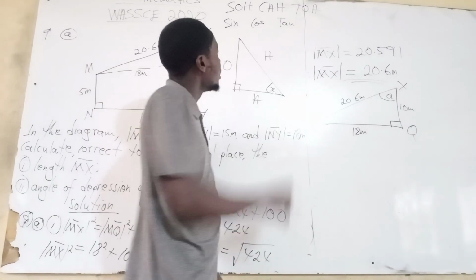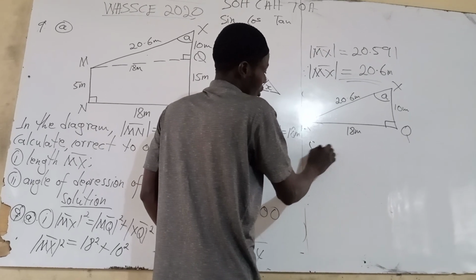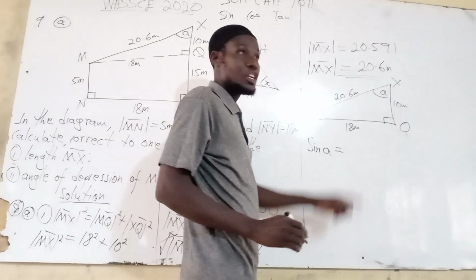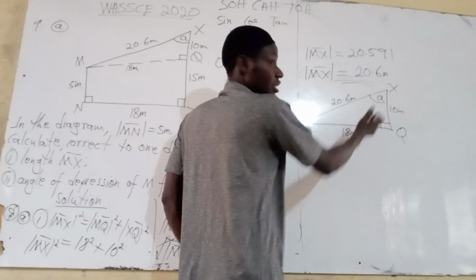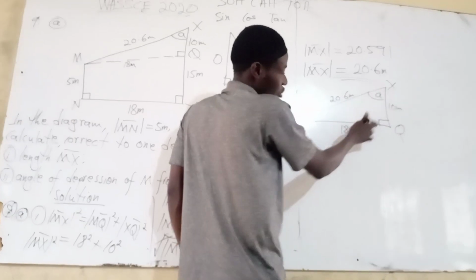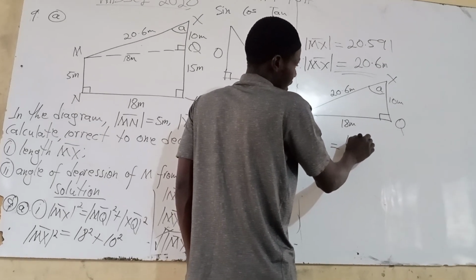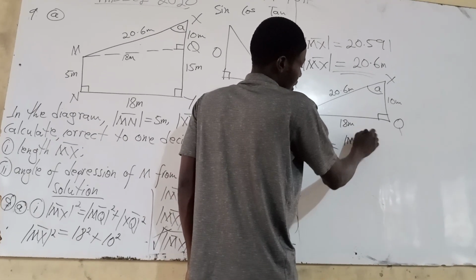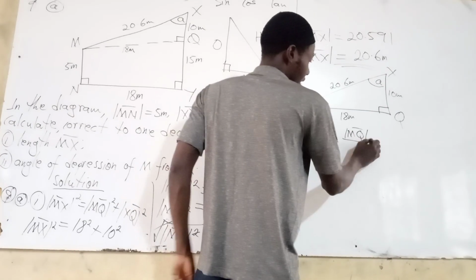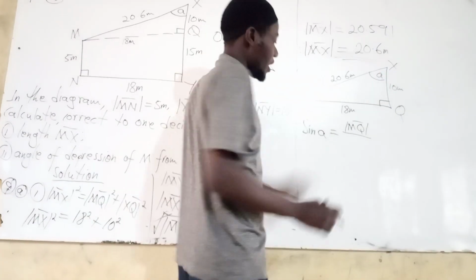So let's choose sine. The sine of the angle A is equal to the ratio of the opposite, which is line MQ, divided by the length of the hypotenuse, line MX.